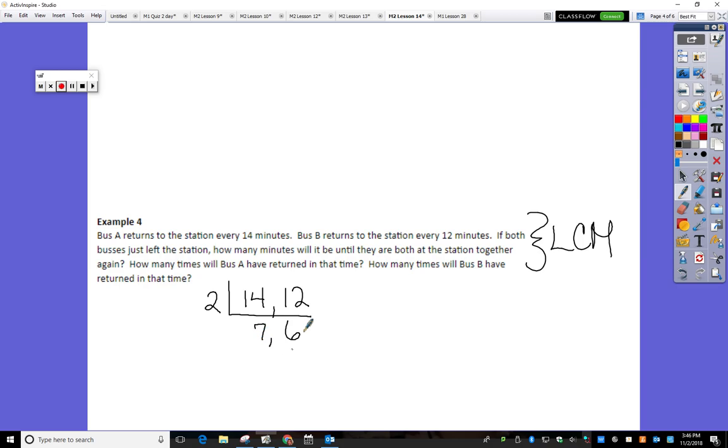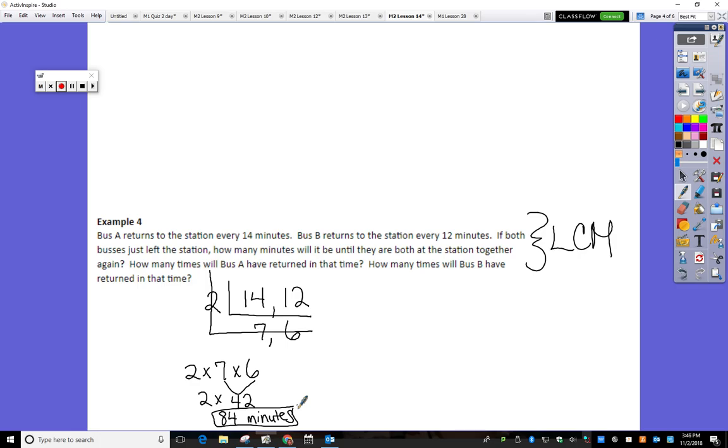So nothing else can go into 7 and 6 except for 1. So we'll find our LCM by doing 2 times 7 times 6. I'm going to just break it down and do it this way. When I multiply these together, I get 84 minutes.